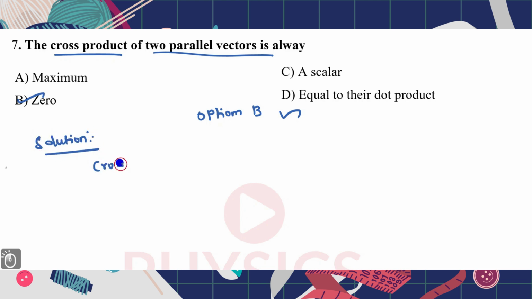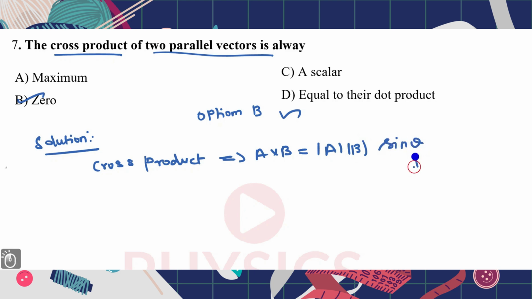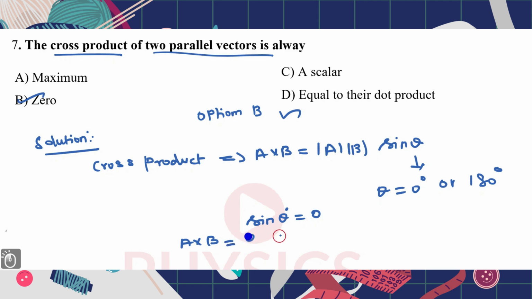How to write the cross product? A cross B is equal to AB sin theta. But theta may be 0 degrees or 180 degrees. But sin 0 is 0, so A cross B is equal to 0.